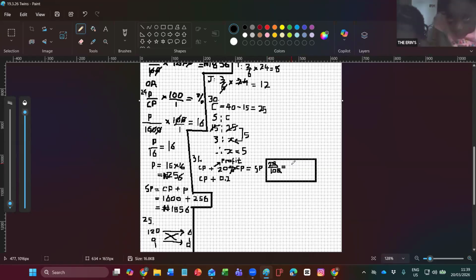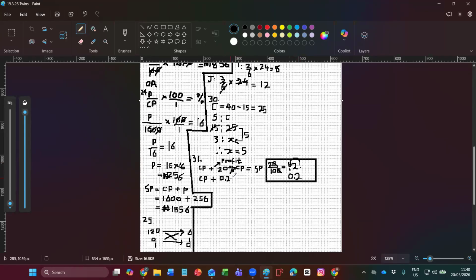Yes, sir. So when you divide 2 by 10, the decimal point is at the back of 2, and it will move to the front, and it will now become 0.2. Did you get that now? Yes, sir.